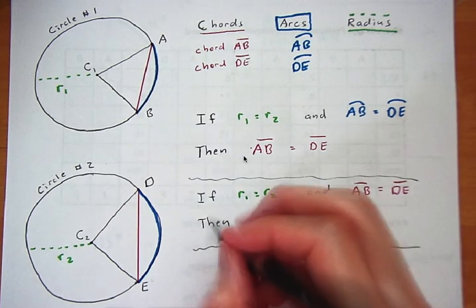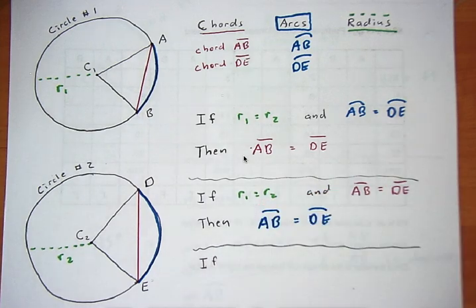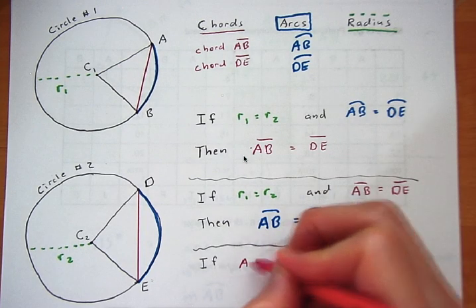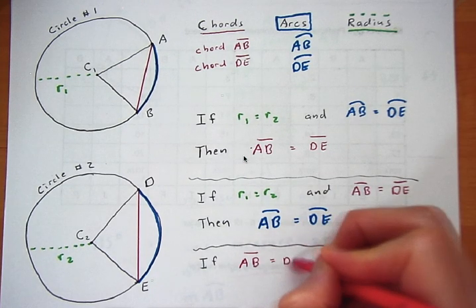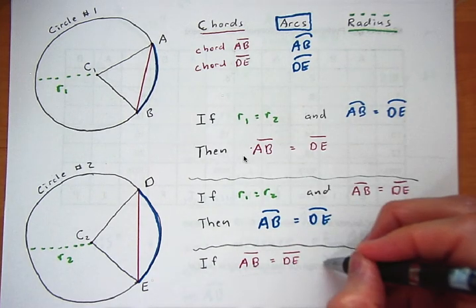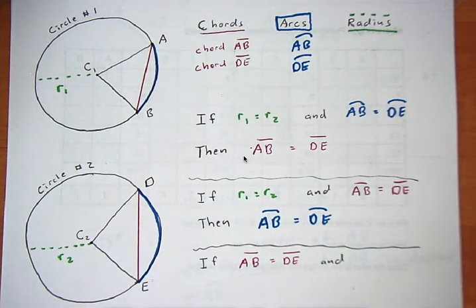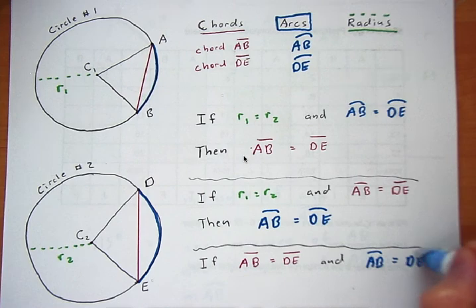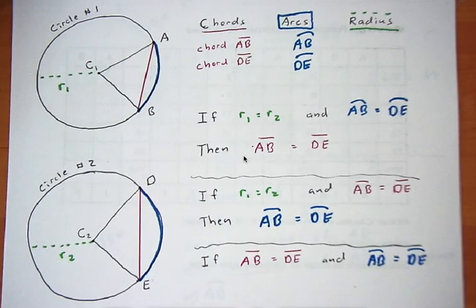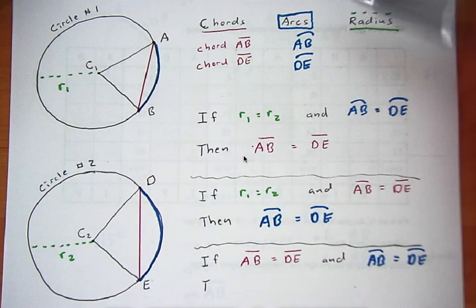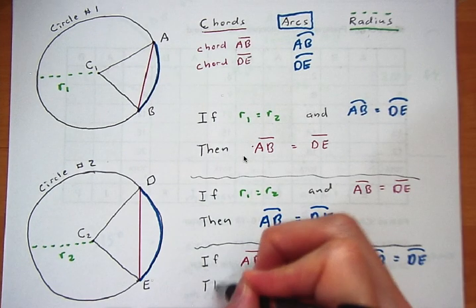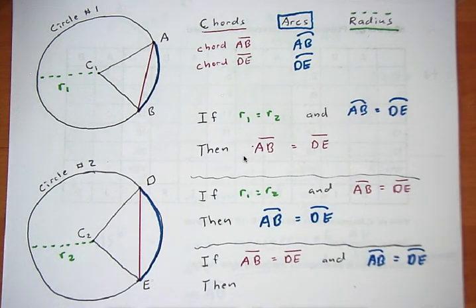And I guess I'm almost done already, so might as well write the third one. So I know that if the chords were equal, and I knew the arc lengths were equal, so if I knew these two were equal, and I knew these two were equal, that would prove that the radius had to be equal as well.